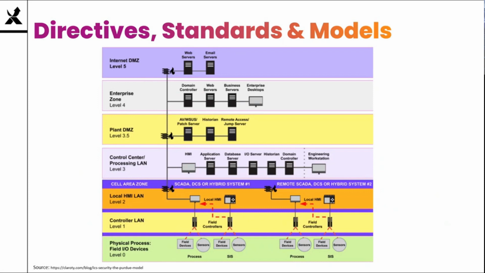Then we have level 3.5, which is the demilitarized zone, DMZ, as a sublayer between OT, the layer 0 up until layer 3, and IT, layer 4 and above.